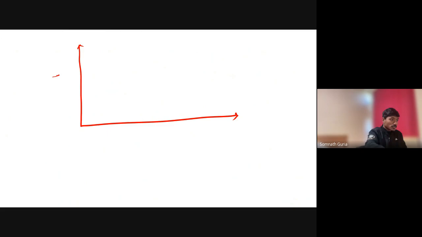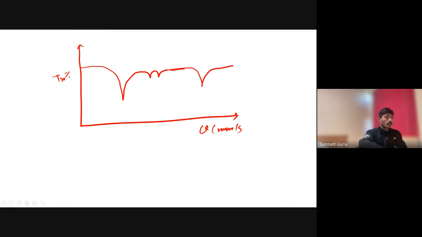We have percentage of transmittance and we have velocity in millimeter per second. The spectra looks like here. Okay.